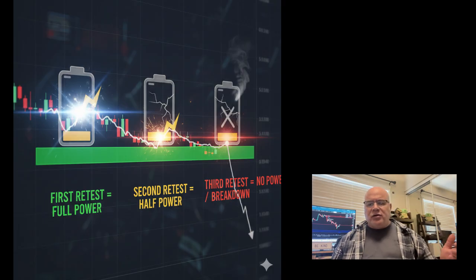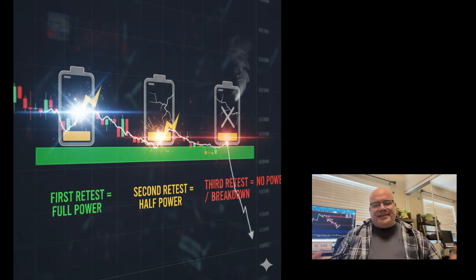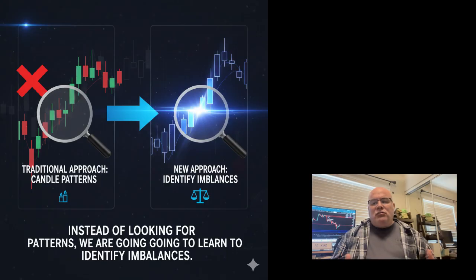If you wait until the third and fourth touch, the battery is going to be drained. The wall of orders has been chipped away. This is when the zone fails and price is going to break through, either down or up, depending on whether you're in a supply or demand zone. So keep in mind, moving from retail trading means moving from guessing to mechanics. We become mechanical.